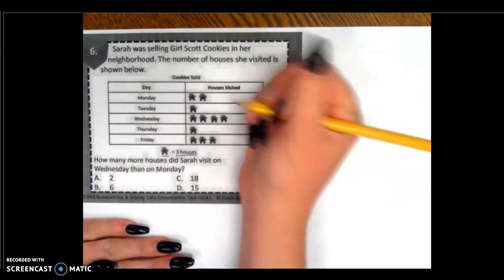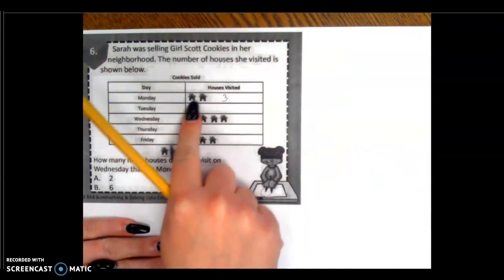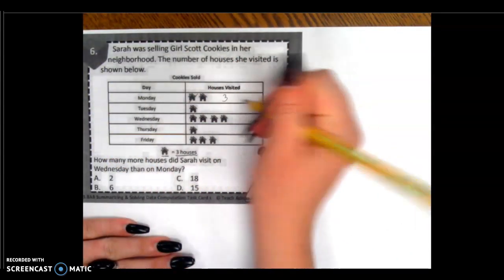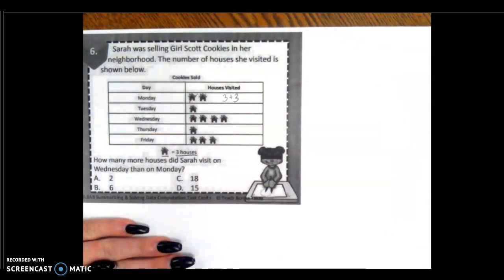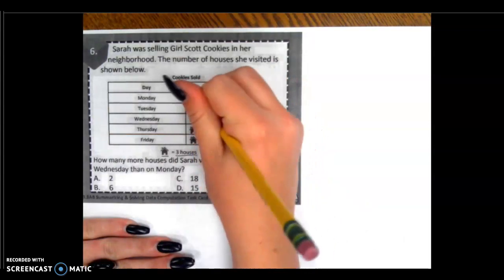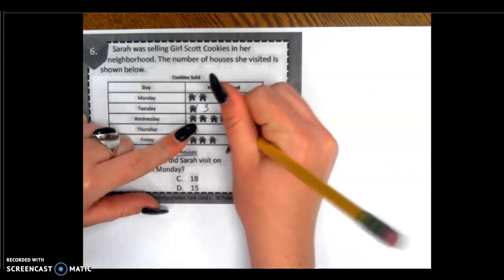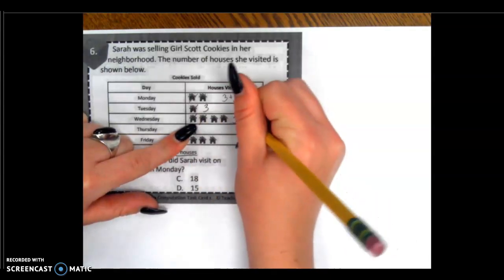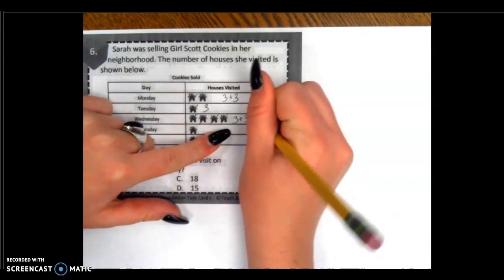Well, if we know each house equals 3, we have 2 houses on Monday, so 3 plus 3. Tuesday only has 1. Wednesday has 1, 2, 3, 4.